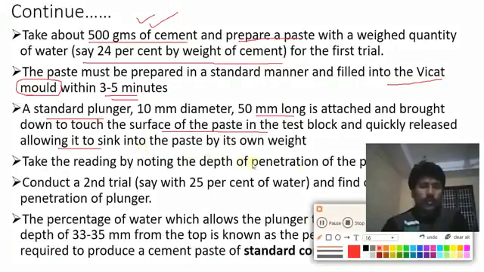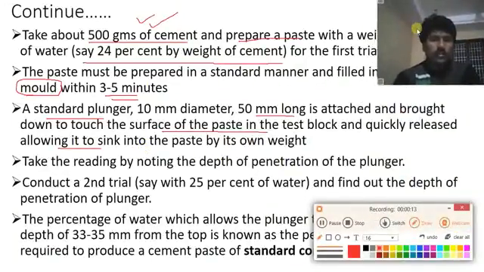So when it is released, by the weight of the plunger itself, which is of 300 grams, which we have already mentioned, it will push the needle inside the mold which contains the cement paste. Now take the reading by noting the depth of penetration of the plunger.